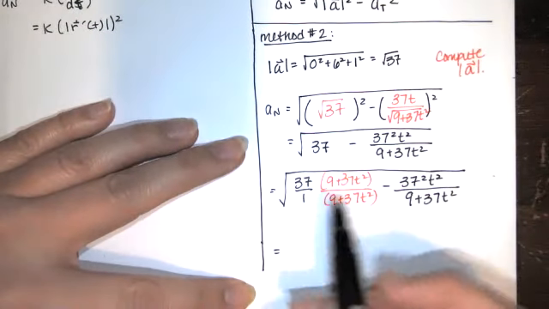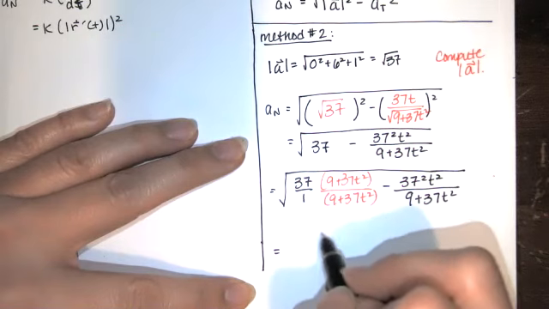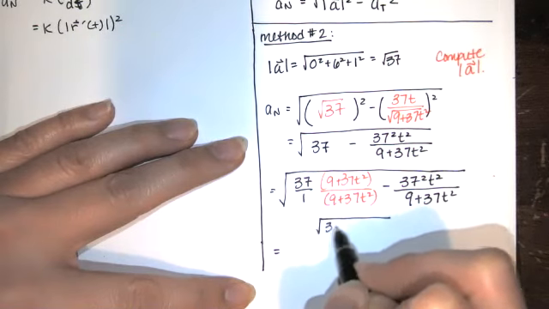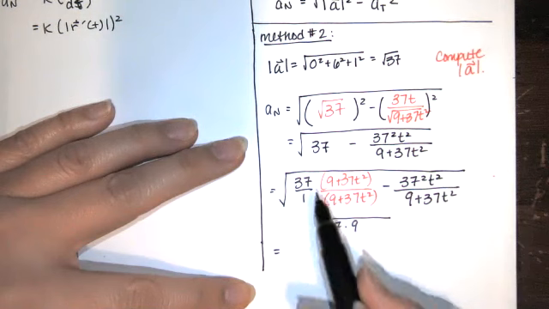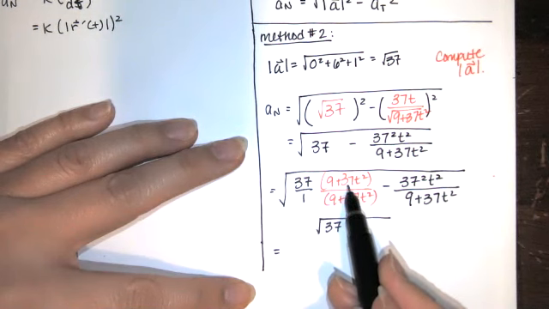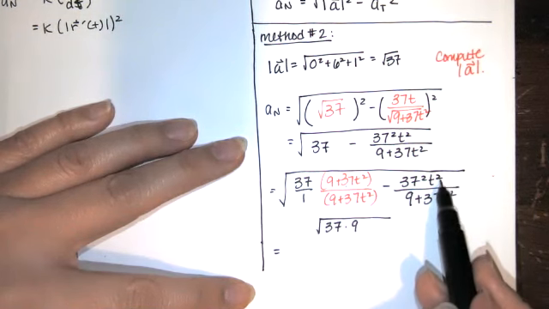I think you see we're going to have a 37 times 9, and then we'll have plus 37 squared t squared minus 37 squared t squared.